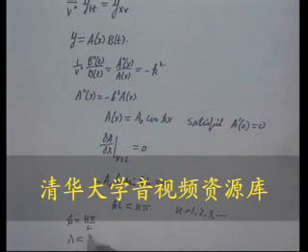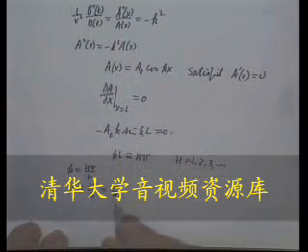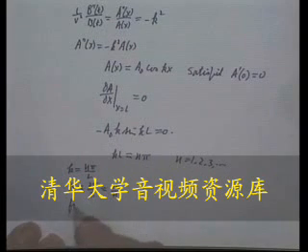Lambda is equal to 2 pi over k, which is equal to 2L over n. The frequency is equal to n v over 2L.